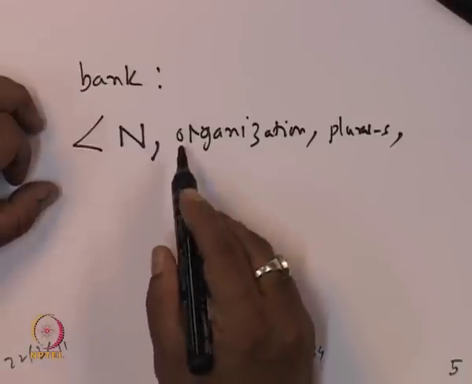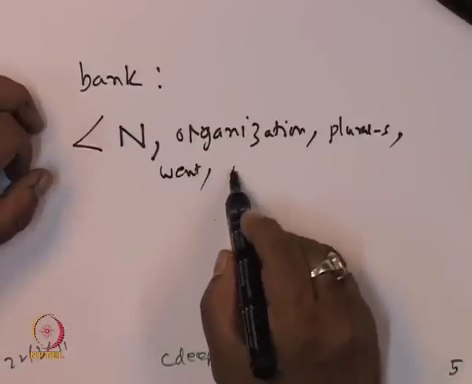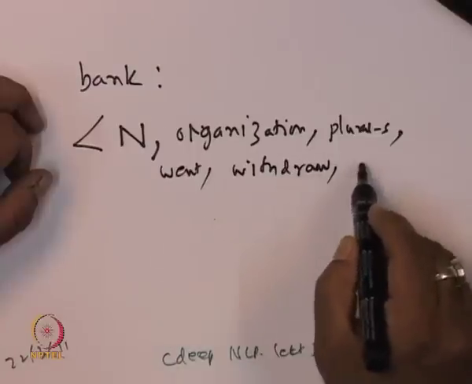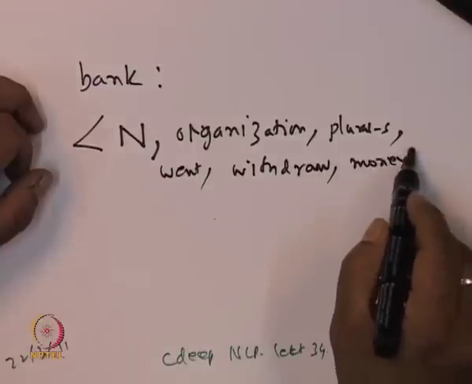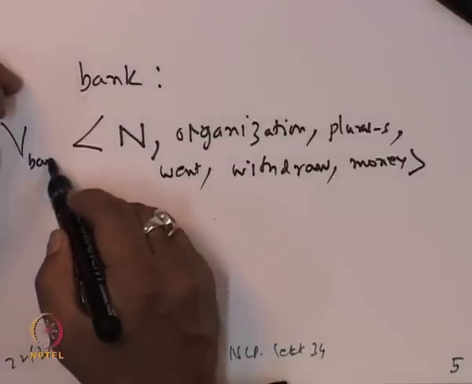Co-location vector is went, withdraw, and money. Okay. So, this is the feature vector of bank.